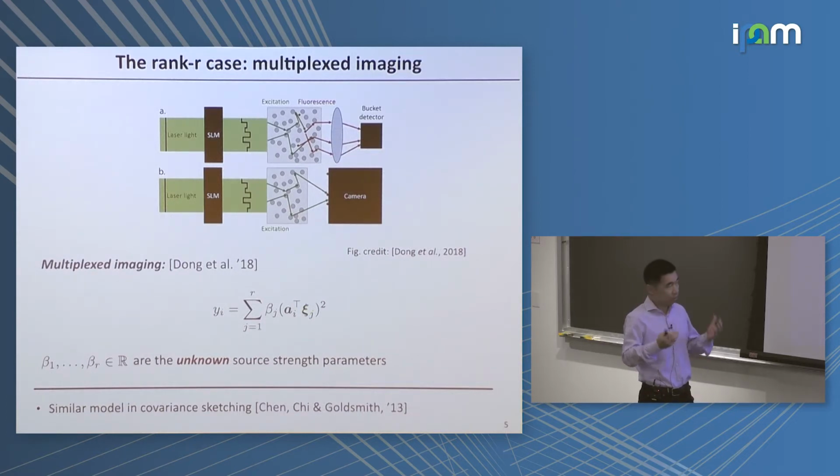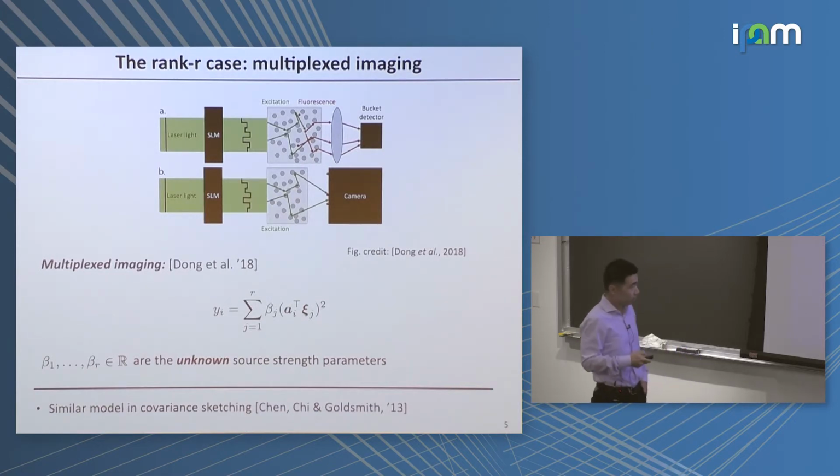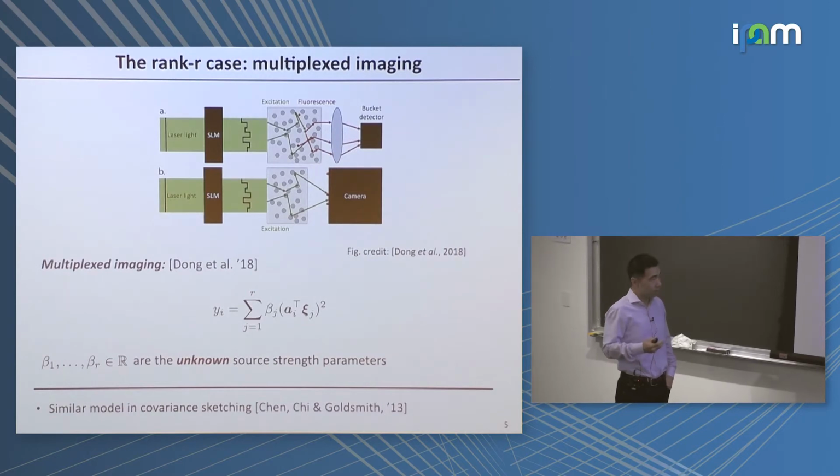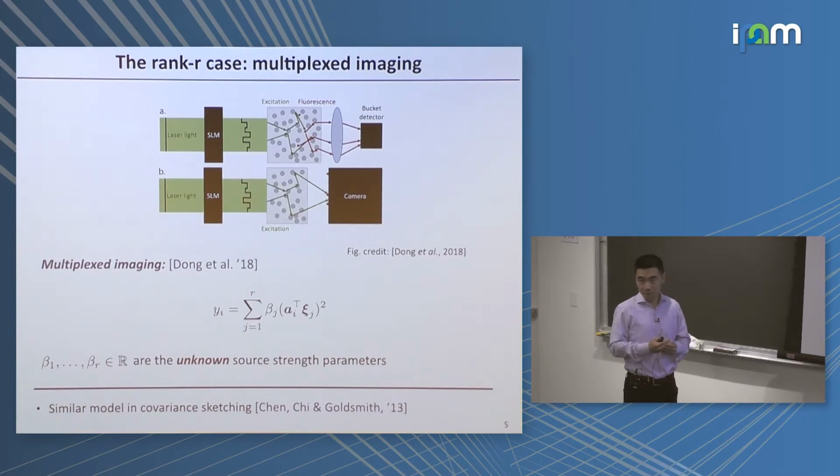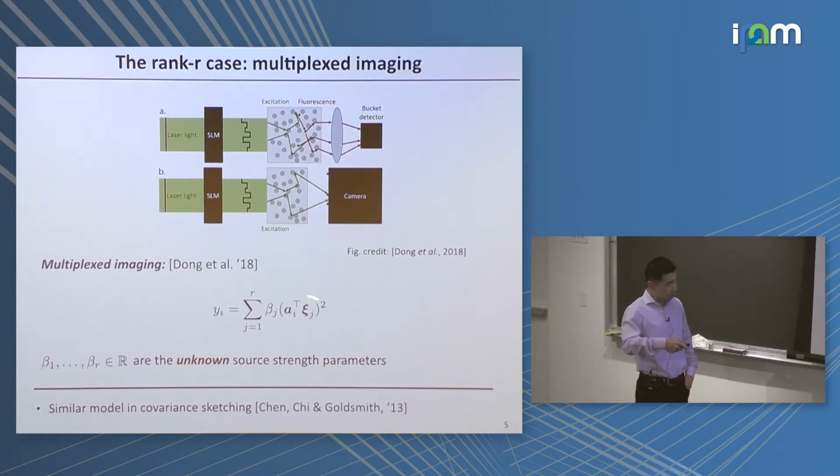So this is a mixture setup, and from these measurements, we want to decouple the measurement model and estimate these psi up to unknown phase and sign. Of course, this is a special case of the rank R case of the model that we consider, and there are other instances where this model appears, in covariance sketching and so on.